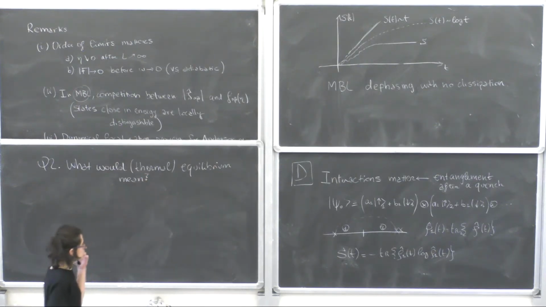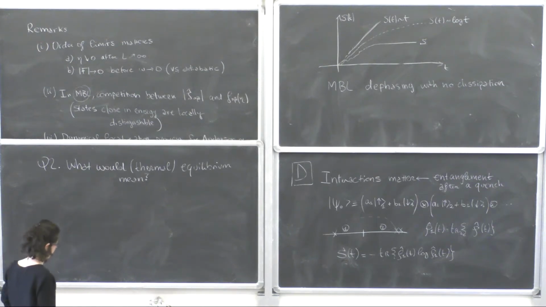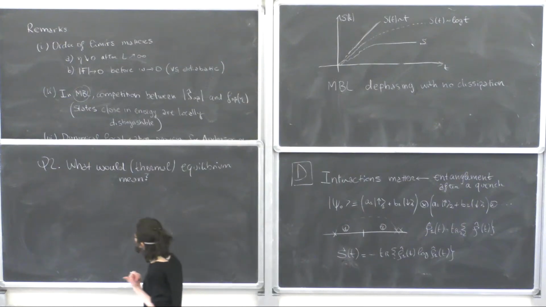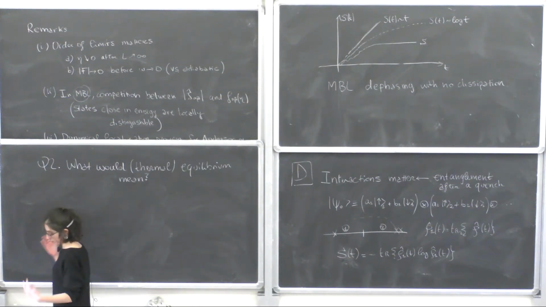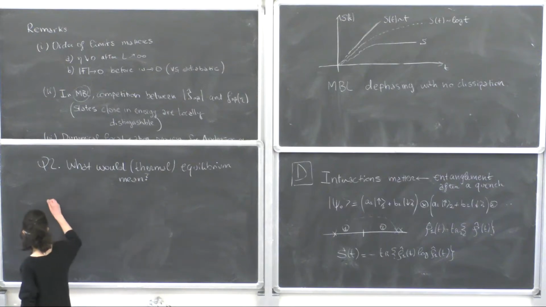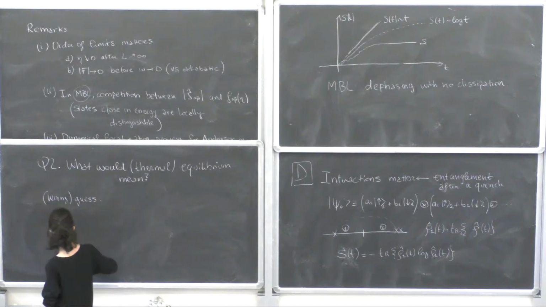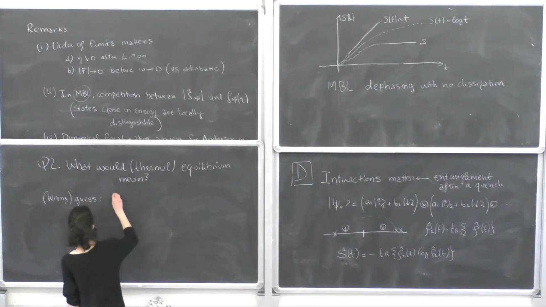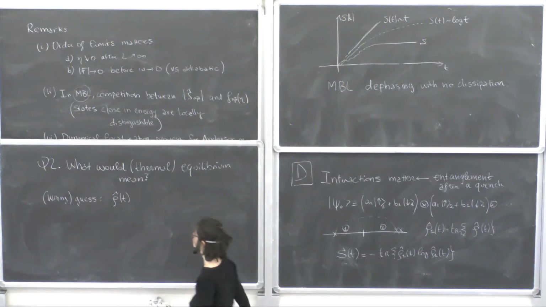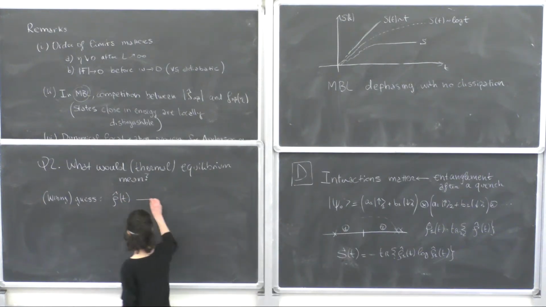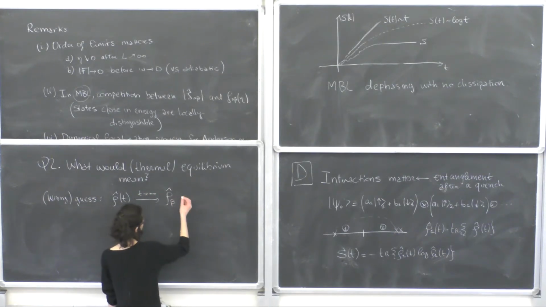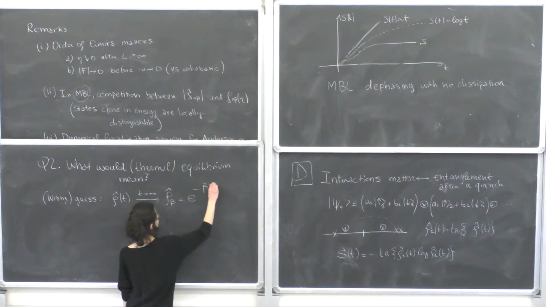And just to recap a little bit the observation made yesterday, so why is this a question which is not totally stupid? Well, because as we said, your dynamics is unitary, so you may make a guess, which is of course wrong, about what equilibration would mean, and that guess would be that you start from some density matrix, which is time evolving, and in some long time limit, you want this to converge to something which is Boltzmann-like, so which looks like this.